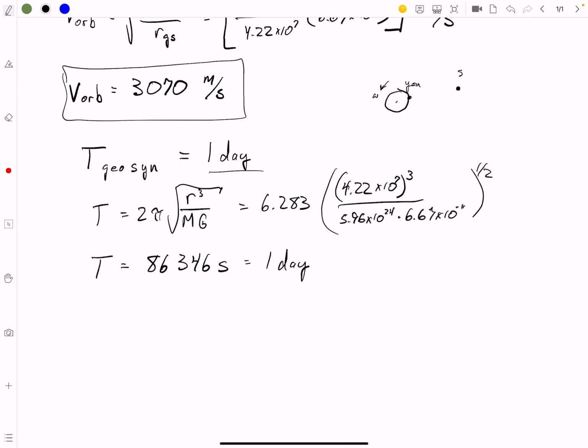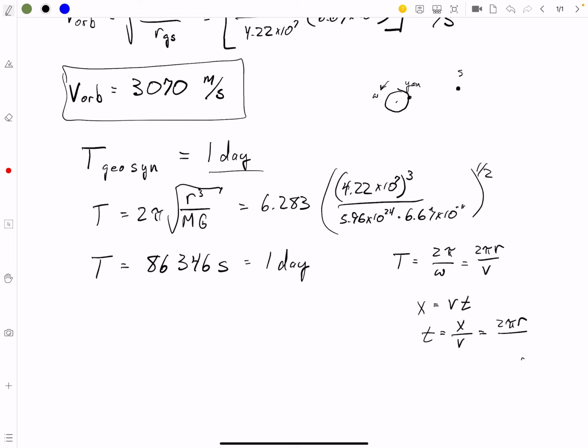There's another way to do it, and that is using the old T equals 2 pi over omega trick, and omega equals v over r, so we've got 2 pi r over v, and this makes sense because this is just x equals vt, right? And we're solving for the time, so time equals our distance over v, and our distance is 2 pi r because it's the circumference.